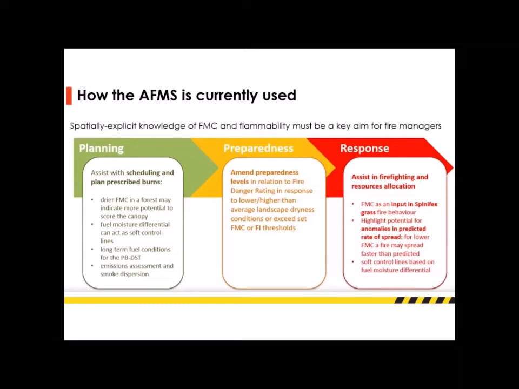So what we are doing at the moment is to provide the information to raise a bit of awareness on the potential anomalies in the predicted rate of spread given the moisture conditions. And as I previously said, it can also give some information about where there can be soft control lines that can be used to stop the fire because the vegetation is too wet. Next slide, please.